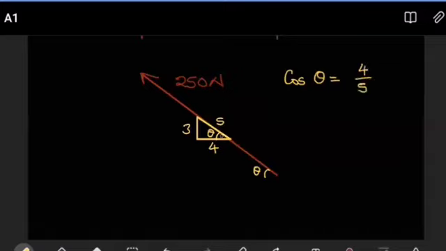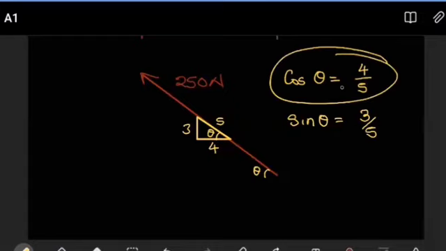In the same way, sine theta is opposite over hypotenuse. The opposite is 3, the hypotenuse is 5. If you're not comfortable with this step, you can easily just do the math to find what theta is, and then bring it here and use the original technique from first year.